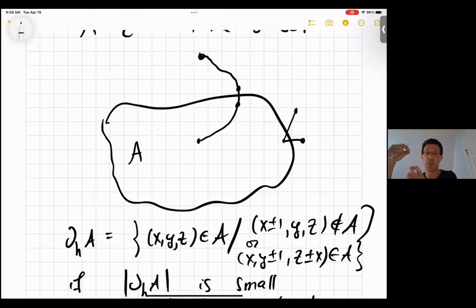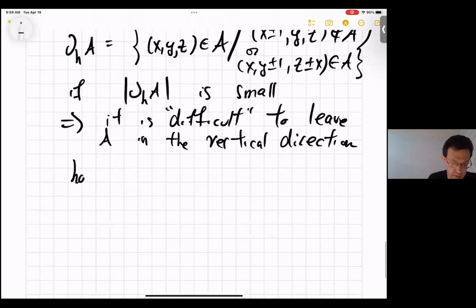So for every vertical transition from a point in A to a point straight above it, there corresponds a horizontal transition from a point in A to a point outside. Is that clear to everybody? This is very qualitative. Okay. The question is, how do we quantify this? How can we quantify this?